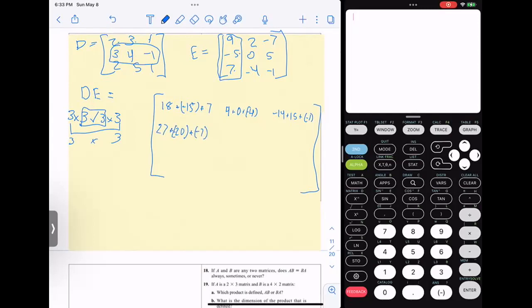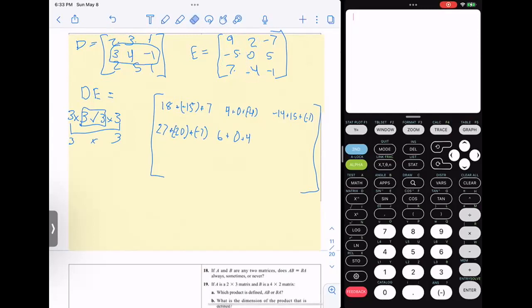All right, let's look at second row, second column here. So we have 3 times 2, which is 6, plus 0 times 4, so plus 0, plus negative 1 times negative 4, which is just 4.